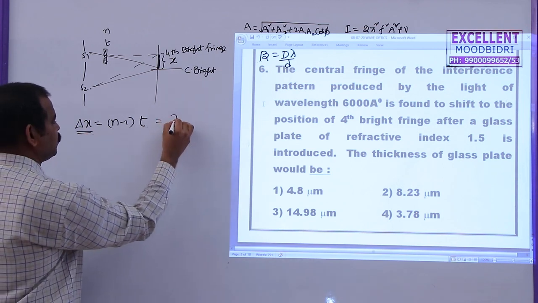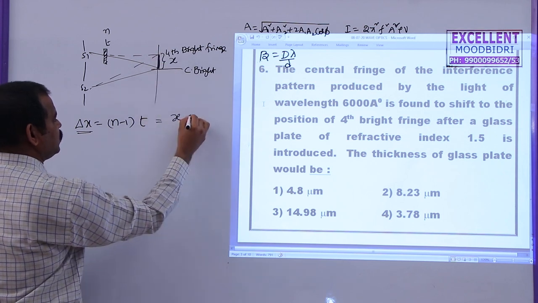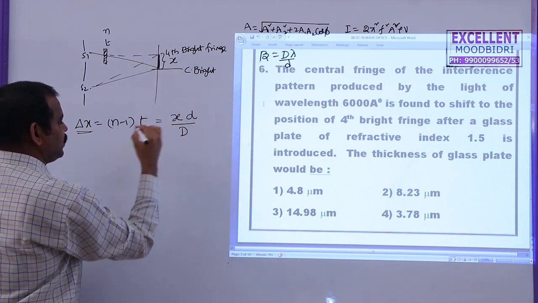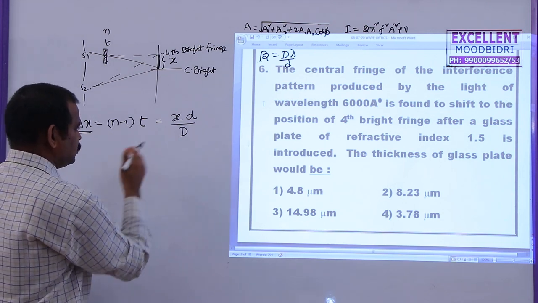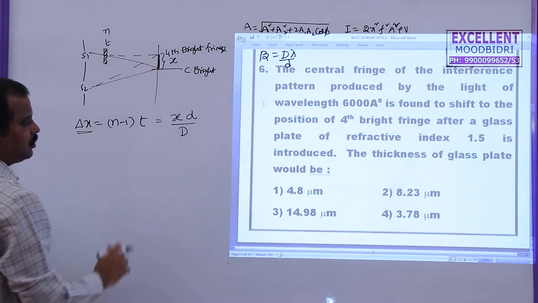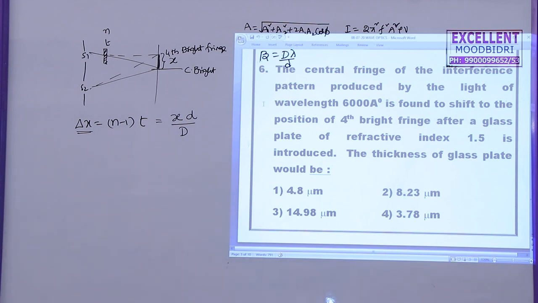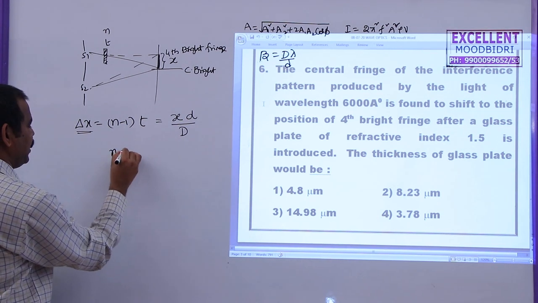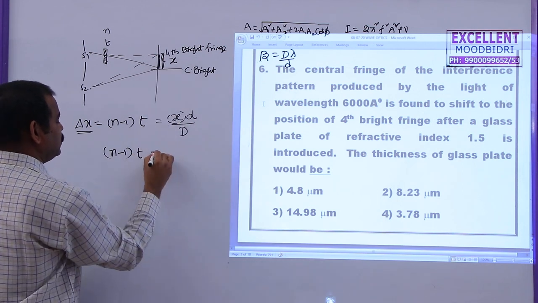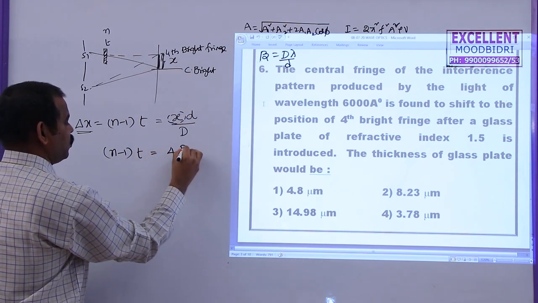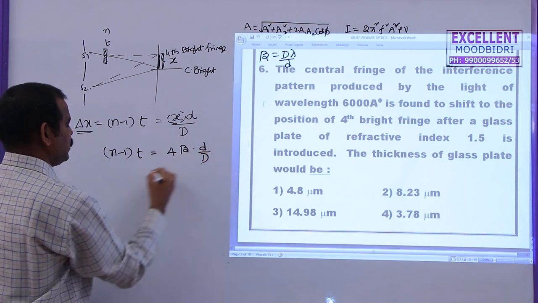The path difference is given by the change in this position times small d by capital D. They are asked to find out T here. Now, what are these values? Here it is found that this n minus 1 T and this shift is 4 bright fringes. So, X can be written as 4 beta into small d by capital D.